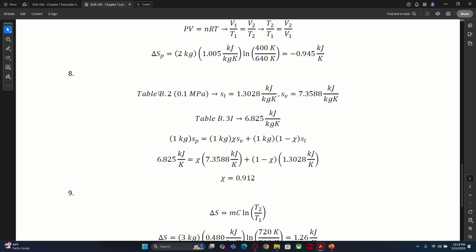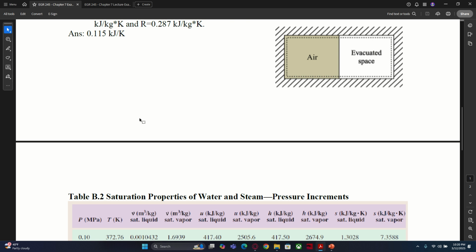Now, if we look forward, in table B.3i, we are looking at the total entropy. That would be 6.825 kilojoules per kilogram Kelvin. Now let's look at our values.